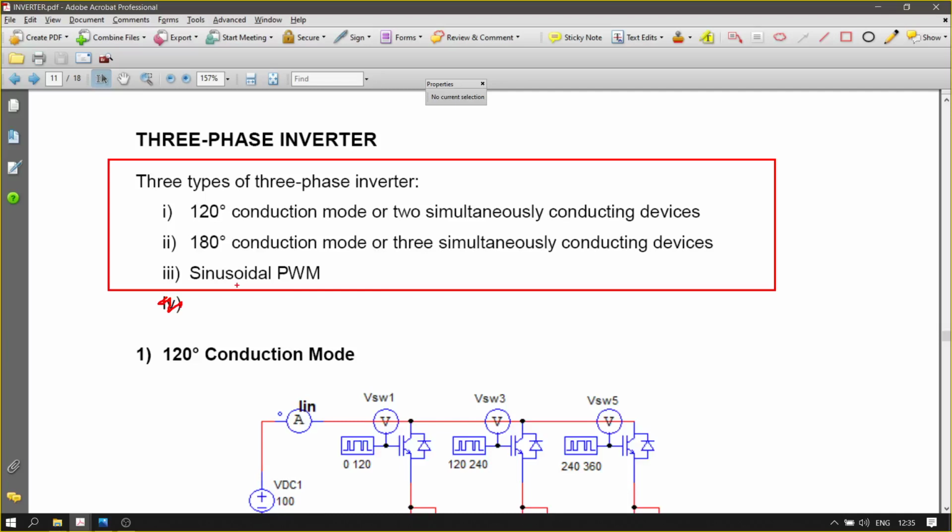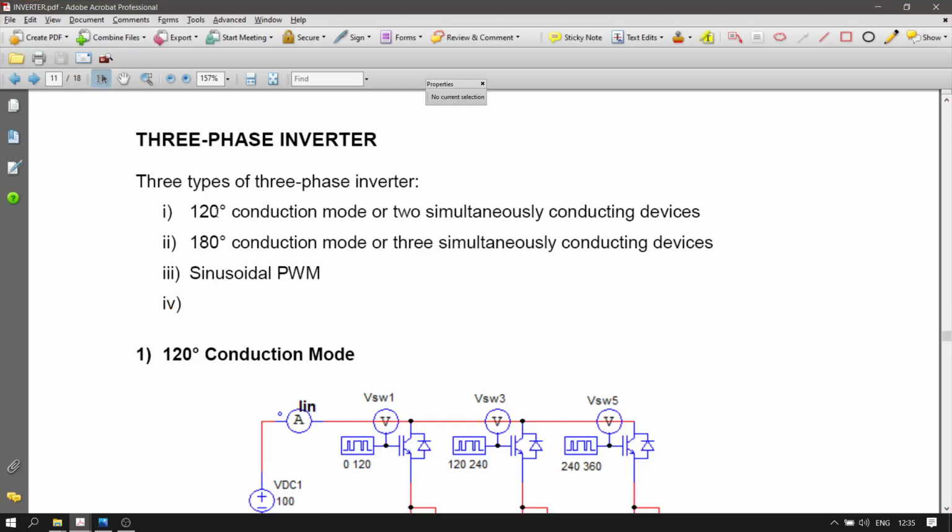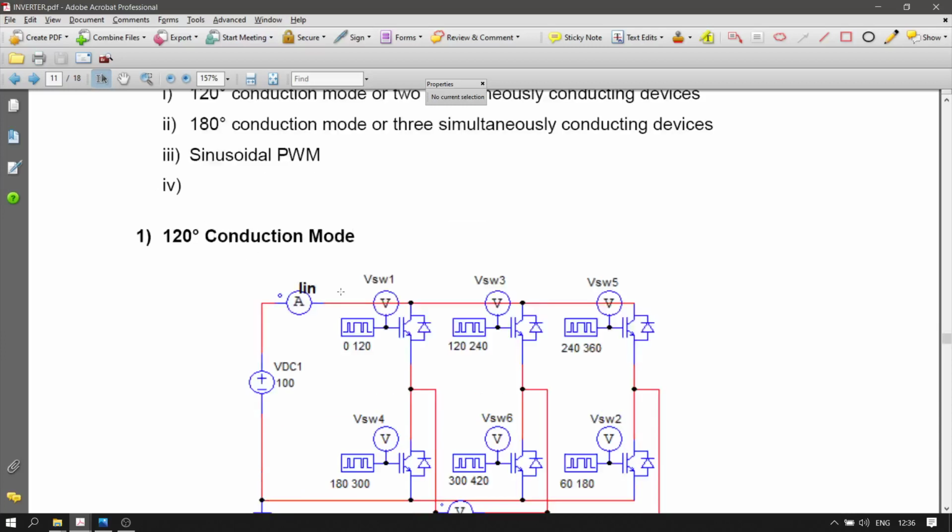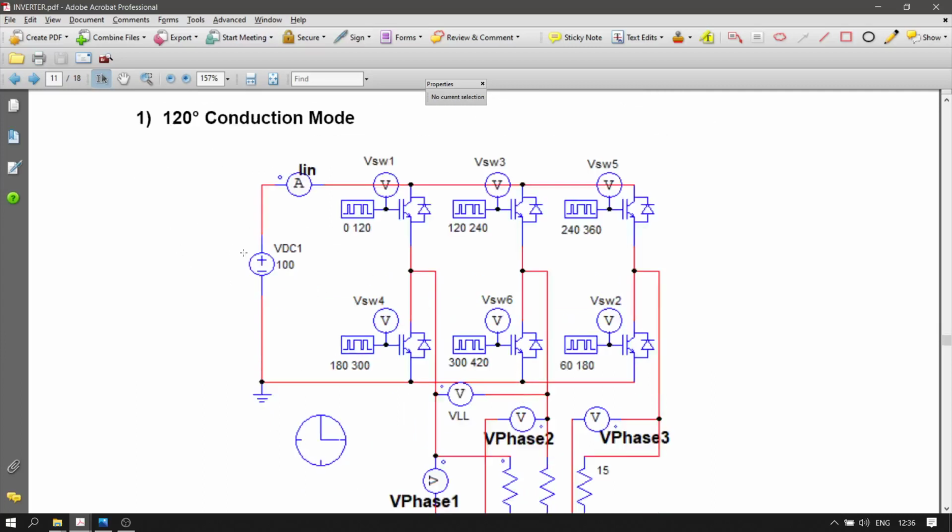So you need to differentiate, and understand how to produce the 120-degree conduction mode inverter, as well as the 180-degree conduction mode, as well as this sinusoidal PWM. So for 120-degree conduction mode, look at that. This is still the same.